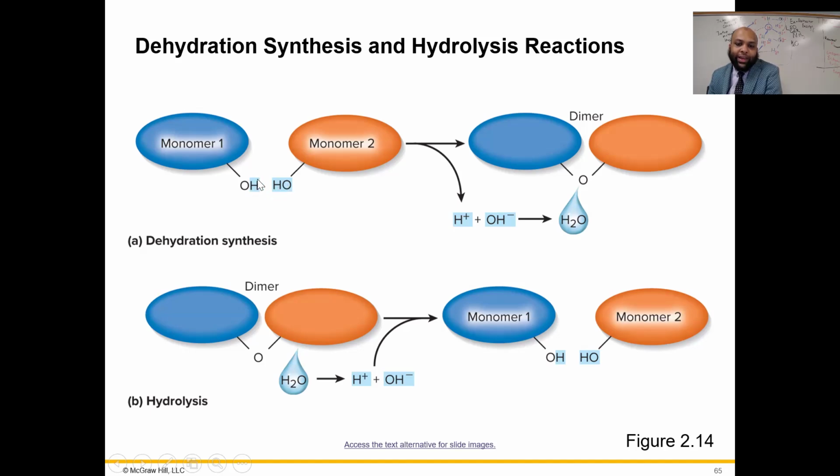So I remove H and OH. So they bind together to give me this dimer. What if I want to do the opposite now? I want to go from dimer into monomer. I do hydrolysis. So I add water. So in one direction an H comes, in the other direction OH comes. So now they are separated.